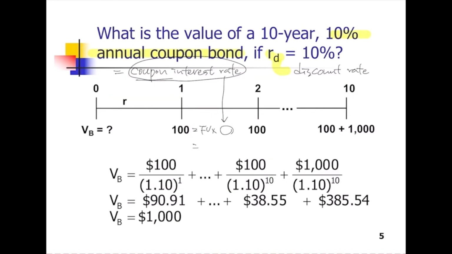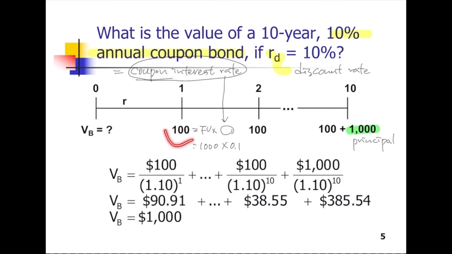So 1,000 multiplied by 0.1 gives the 100 payment. And this means principal. At each period, you get the coupon payment, and at maturity, you get the coupon and principal. That is the bond cash flow.